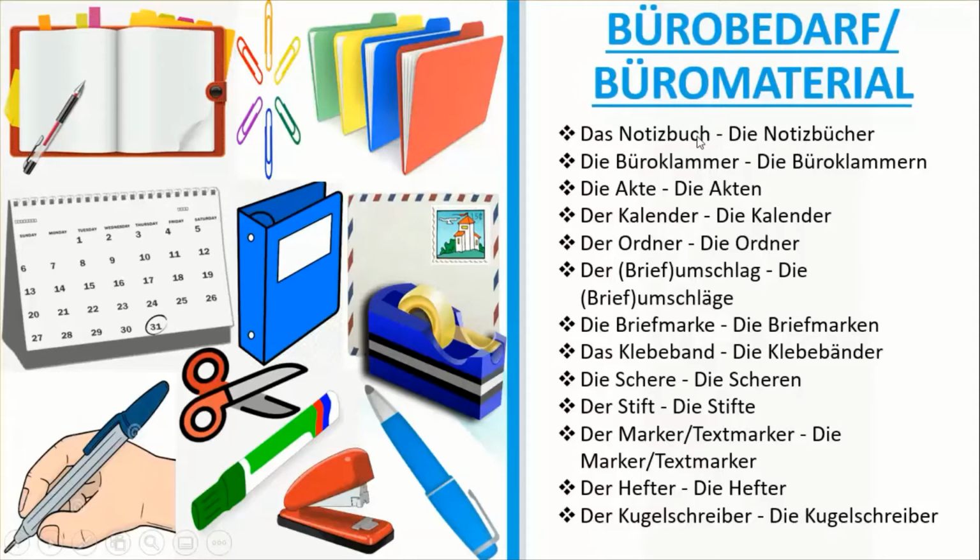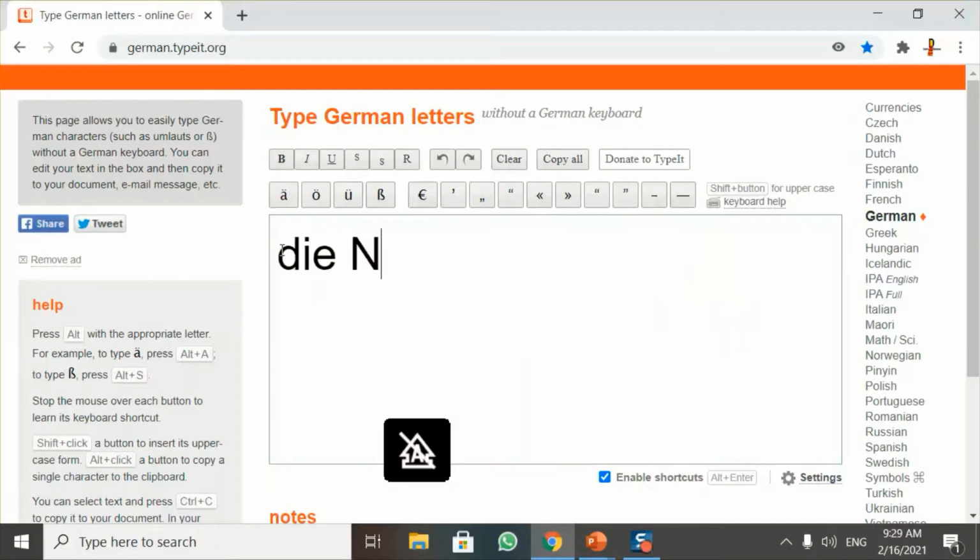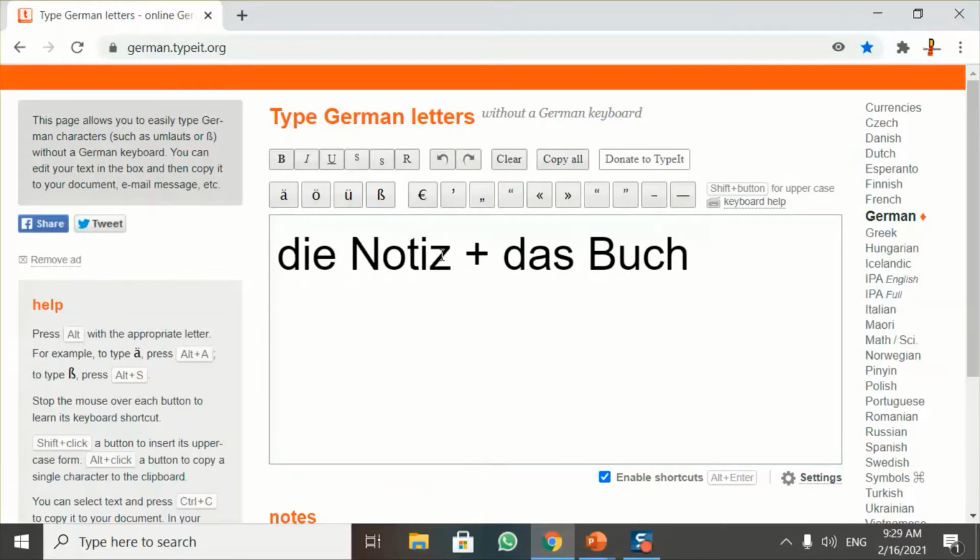And this is once again a compound noun. Made up of die Notiz, which is a note, and das Buch, which is the book.